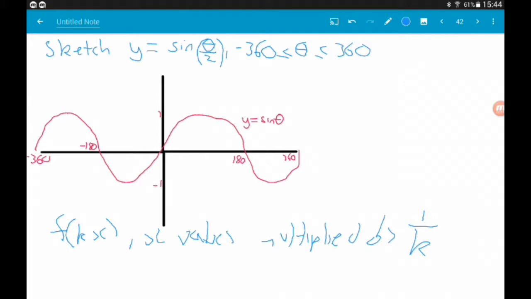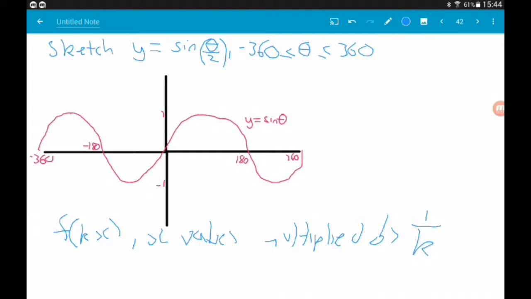So here we've got theta over 2, so k is 1/2, we've got 1/2 theta, so our scale factor is 1 divided by 1/2, which is 2.